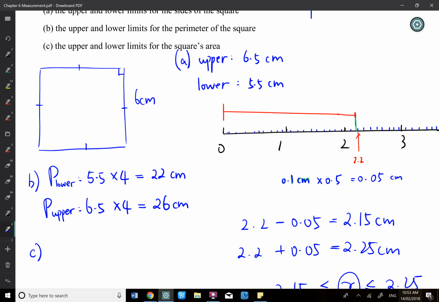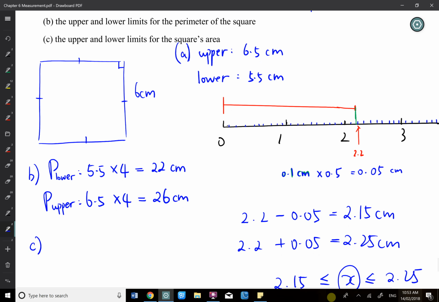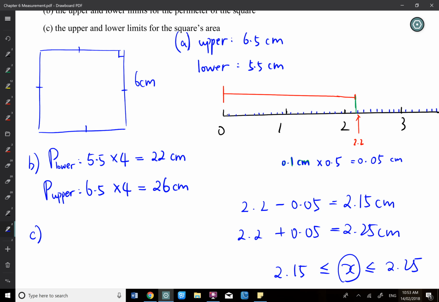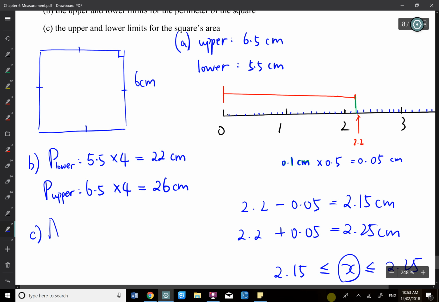So it's all coming from your measurement. You measure something at 6 centimeters, but it may not be 6, it can be 5.5 to 6.5. Therefore, your perimeter will change according to the actual value of the length. Then it asks for the limits of the area of the square.